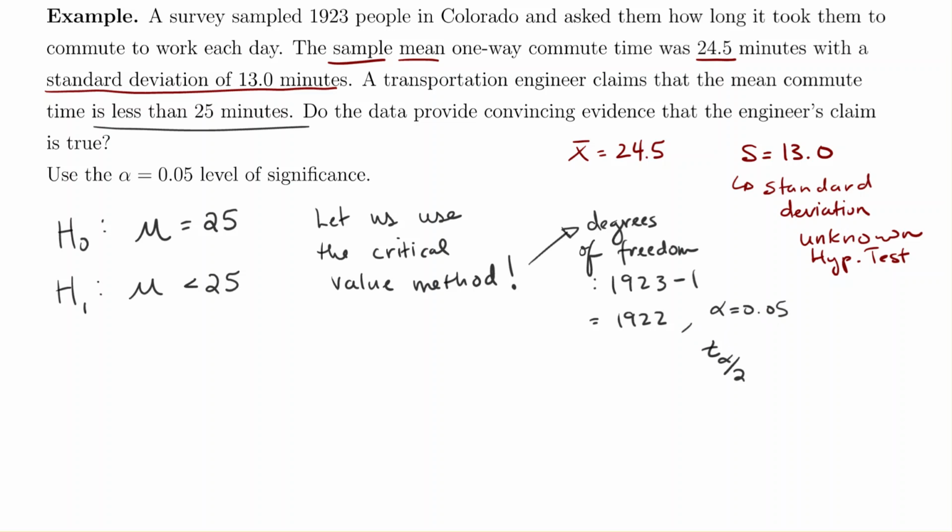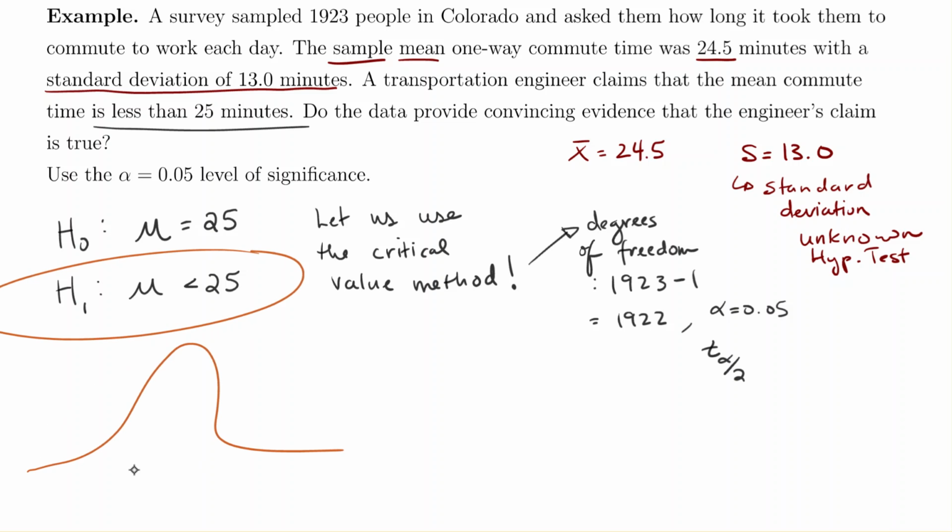Now, one thing to take note is this is a left-hand test. So in my left-tailed test, this is where my t alpha over 2 value is. I need to find that. And as alpha is 0.05, I know this area here accounts for 0.05.